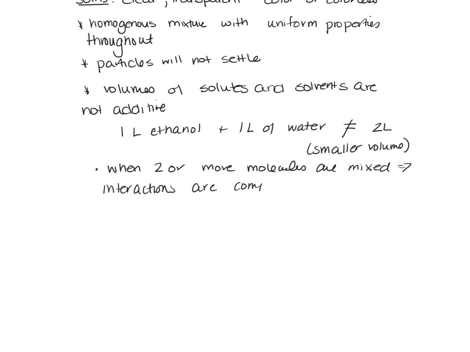And so what can happen here is you have solute particles and you have solvent particles. When we talk about the interactions here, we're not talking about chemical reactions. When we talk about a solution, the components do not chemically react with each other, but they do interact with each other through some of those intermolecular forces that we talked about previously.